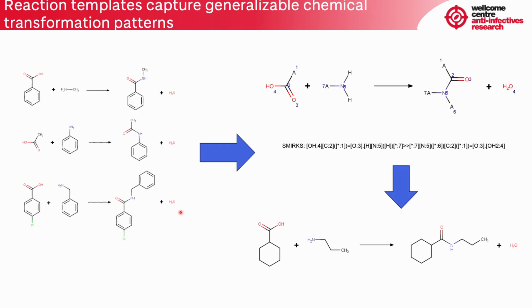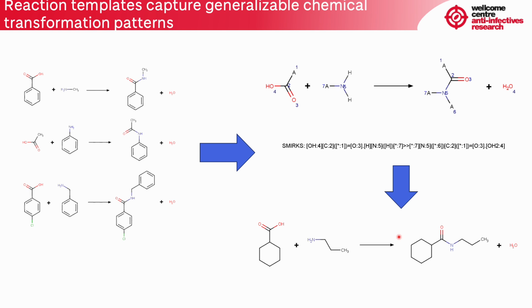Right, so reactions themselves, and in particular reaction templates, which we use for reaction-based molecule construction, are sourced from reaction examples. So here in this example, I will show multiple amide couplings, and what we get is, if we generalize this sort of reaction transformation, we get this SMIRKS transformation here, which we can then prospectively apply to new acids and new amines to be able to form new products.